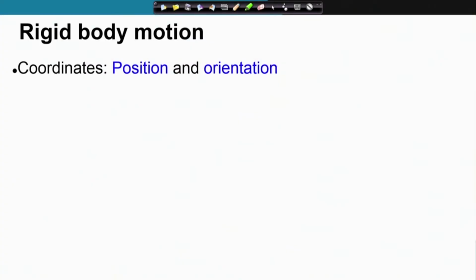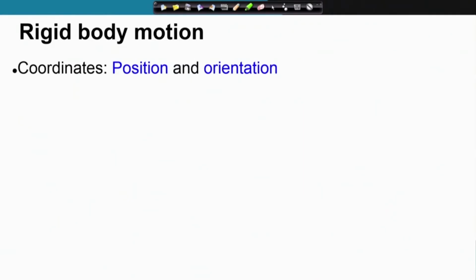Now, rigid body motion is tracked by certain coordinates. How do you track a rigid body moving in space or on a plane? We have coordinates which are the position and orientation coordinates of the body.